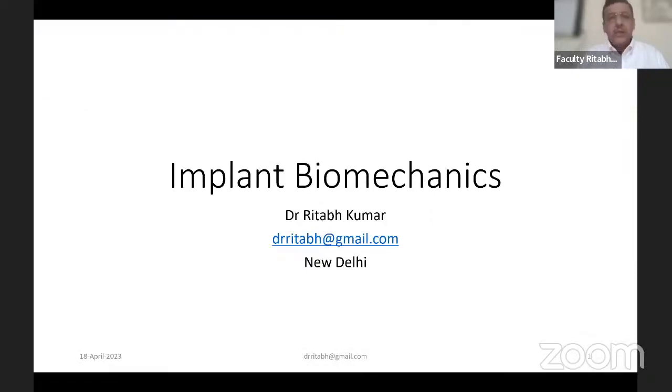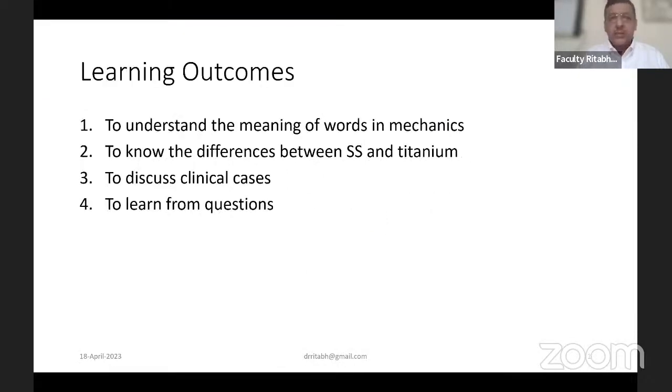In terms of implants, we know that there is stainless steel and titanium, so we'll briefly talk about the salient differences between them. We'll discuss a few clinical cases to apply the mechanical knowledge that we have learned during the course of this presentation, and I would be interested in learning from your questions.